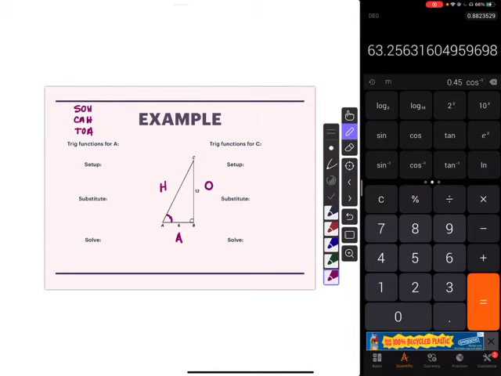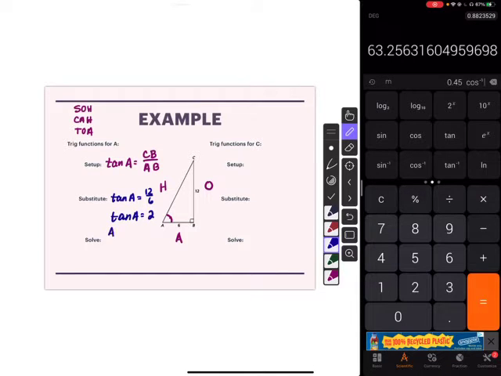So we would write our setup as the tangent of A is equal to CB, that's the opposite side, over the adjacent AB. So tangent A equals 12 over 6, or tangent A equals 2.